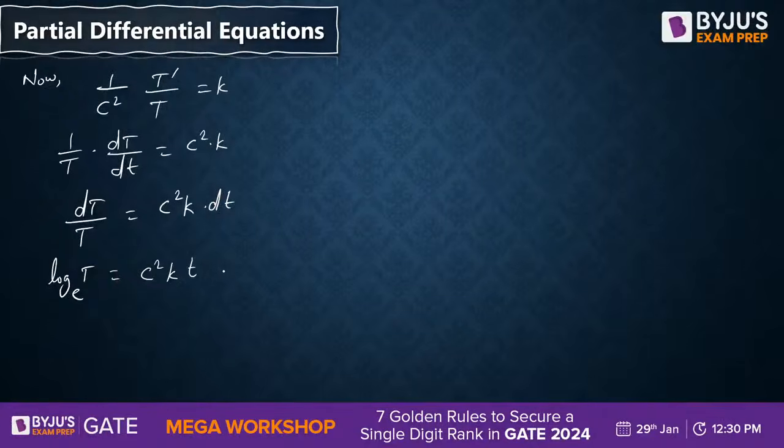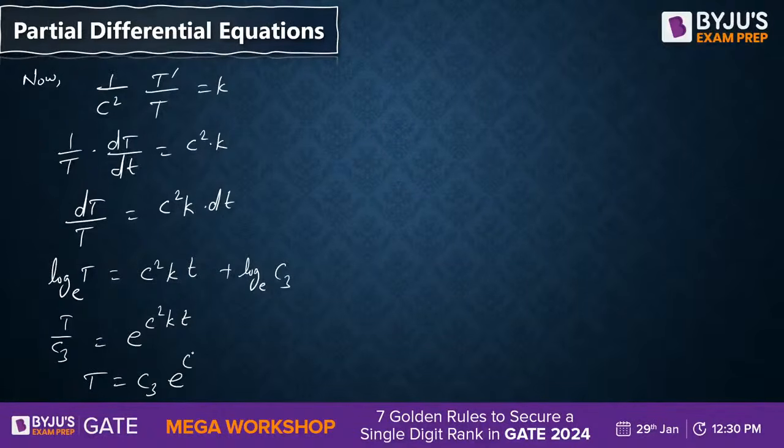Okay. Plus some constant log C3. So T by C3 equal to e raised to c square kt. Very good. So T will be C3 e raised to c square kt.